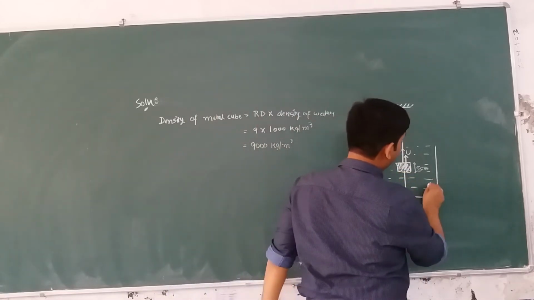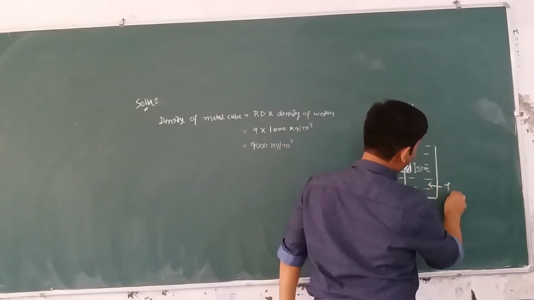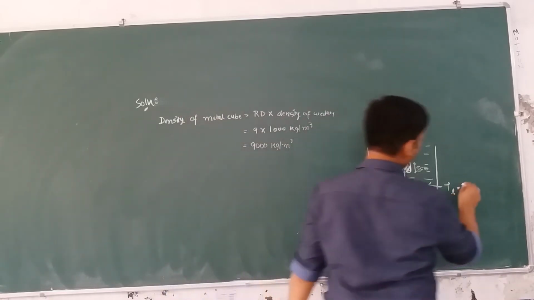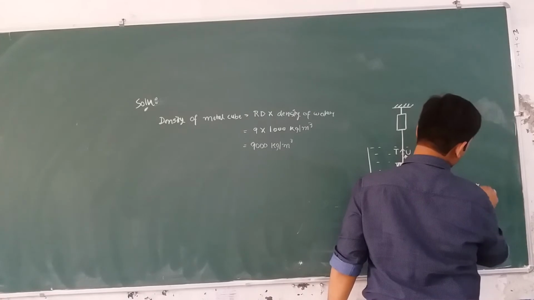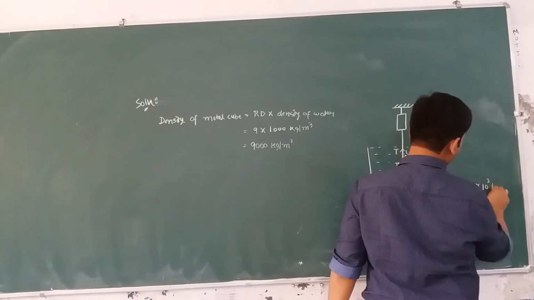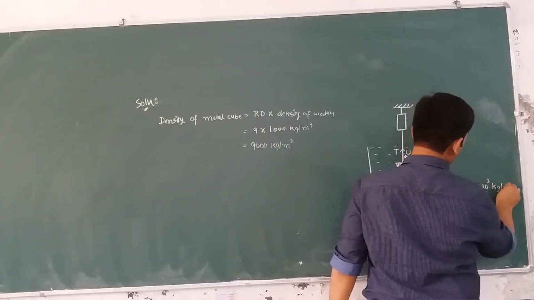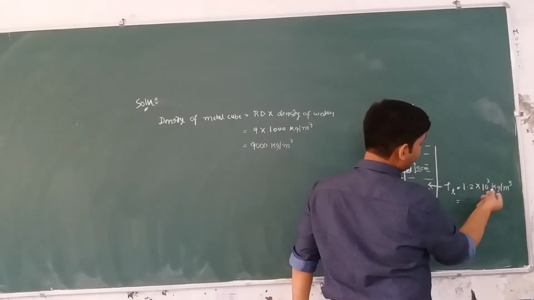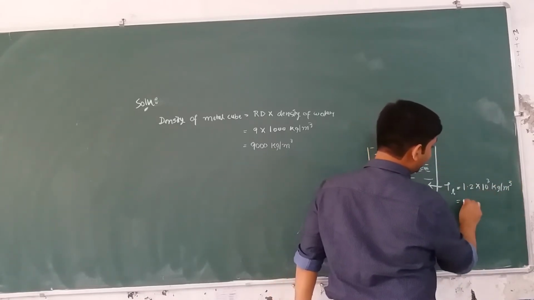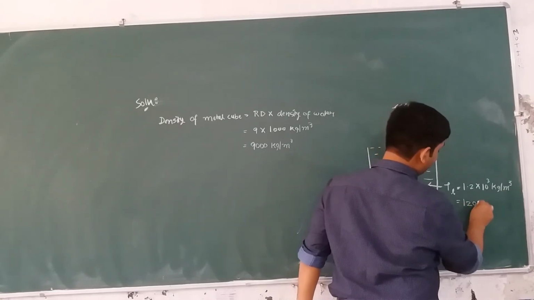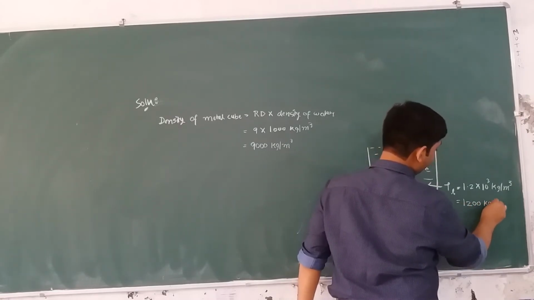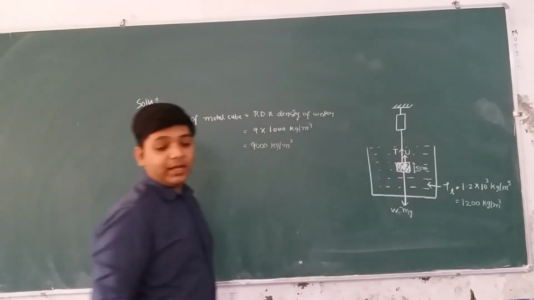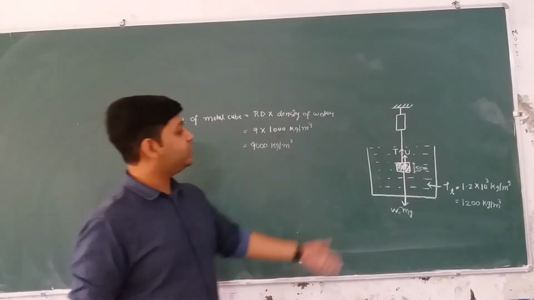The density of the liquid rho L is given to us as 1.2 into 10 raised to the power 3 kg per meter cube, right? And this can be written as 1200 kg per meter cube, right? So this is the density of liquid, and we have to calculate the tension in the thread.